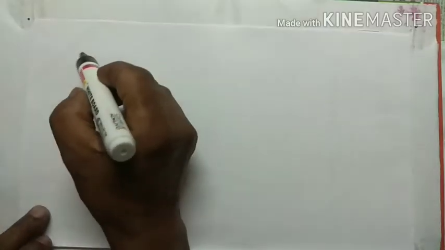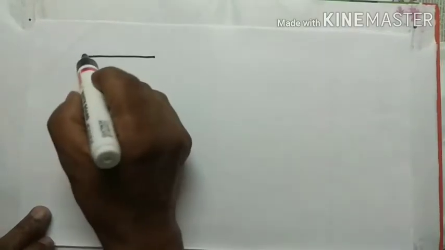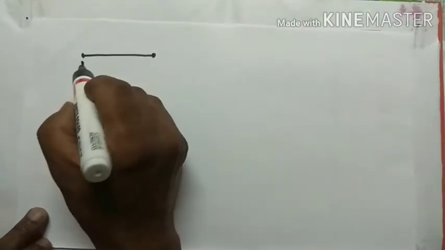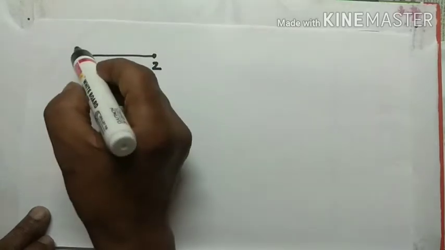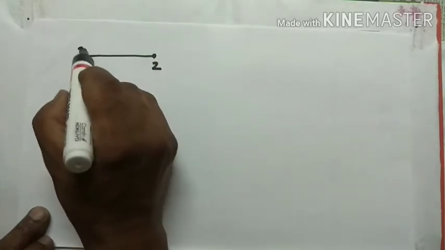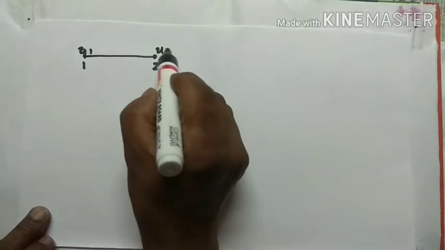Now we have to derive these shape functions. So already we studied, this is the one-dimensional element, this is node number 1, this is node number 2, and here the displacement is u1 and here the displacement is u2.